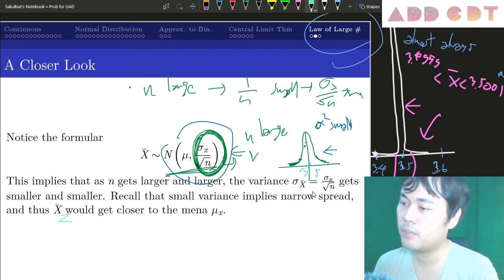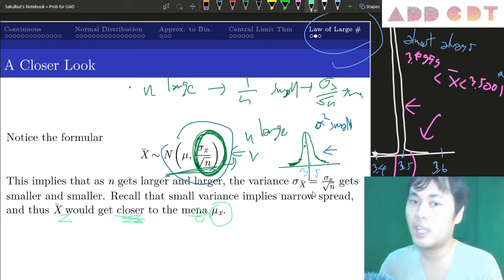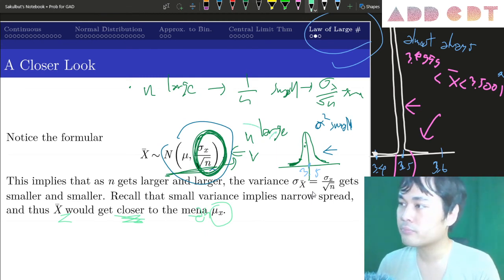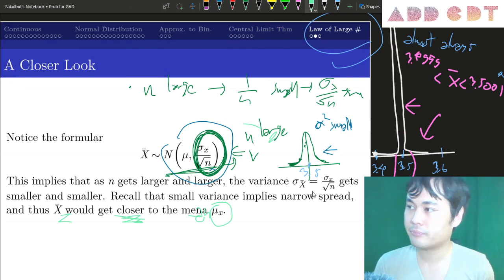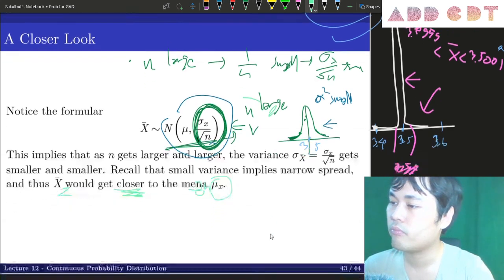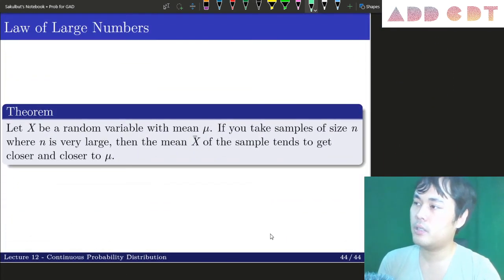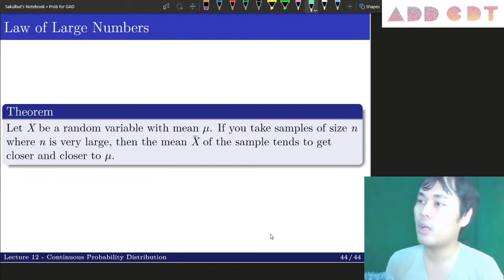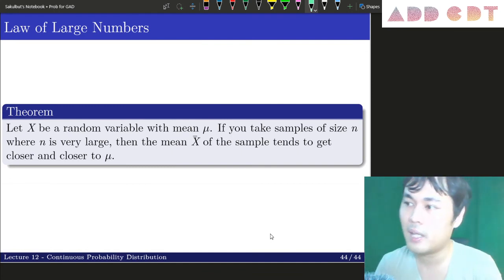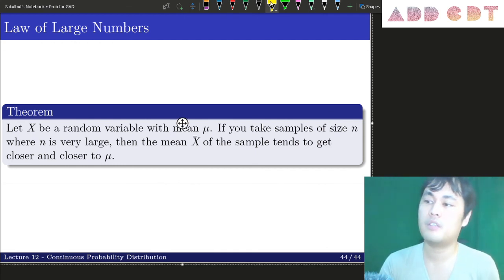It's going to be closer and closer to the mean mu of x that we were given in the first place. So that's another formula for the theorem, and that's how we got the formula. This time we just summarize it as a statement.